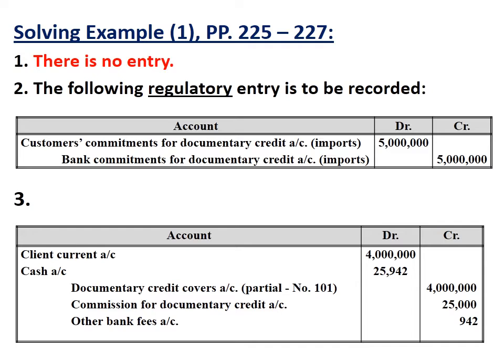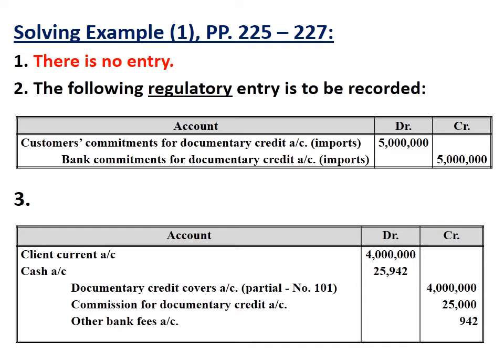There is no entry regarding this step. He just fulfilled the procedures needed for opening the documentary credit, but nothing is done from the bank's point of view, except that he filled the documents needed for opening this documentary credit.